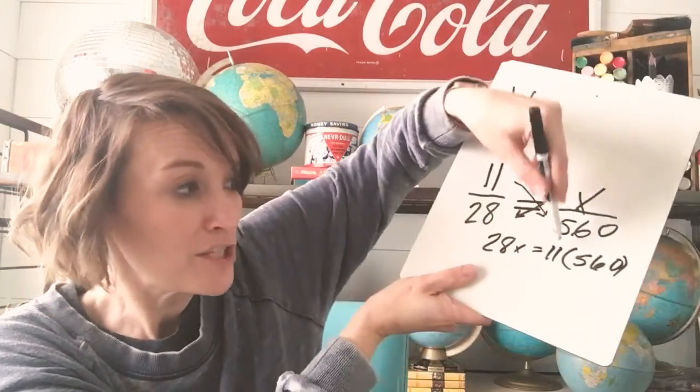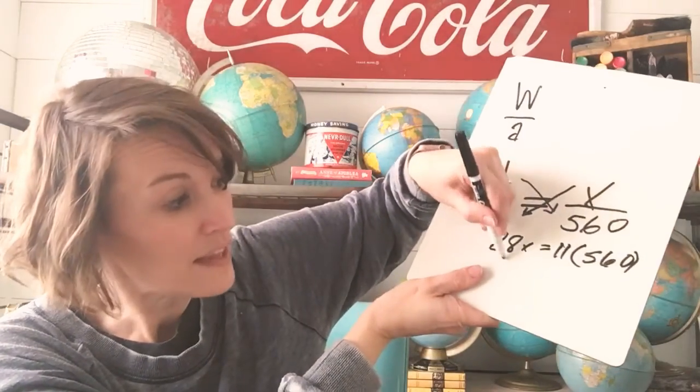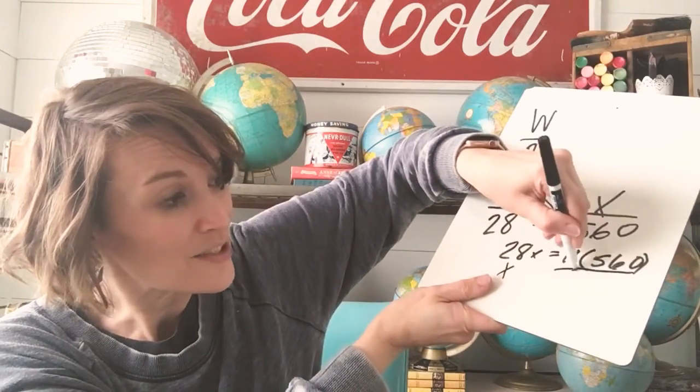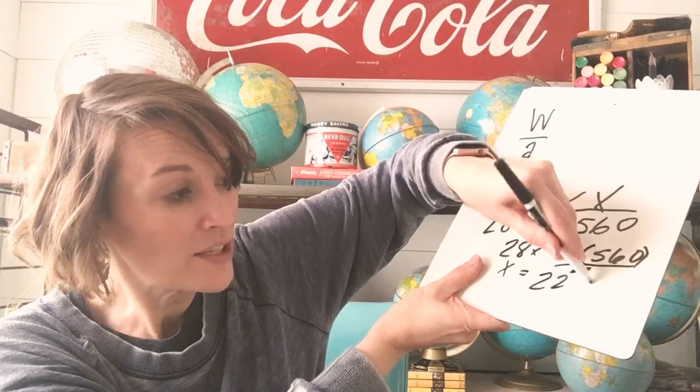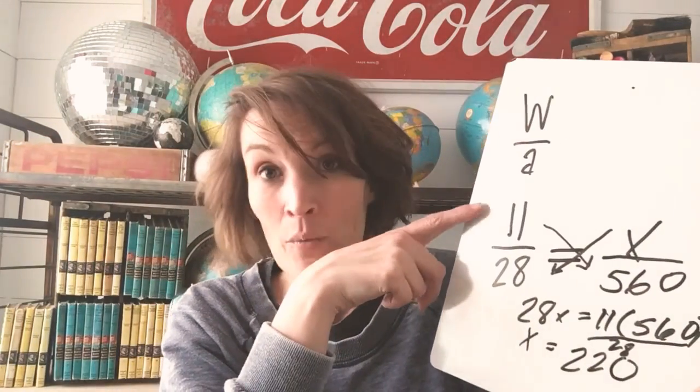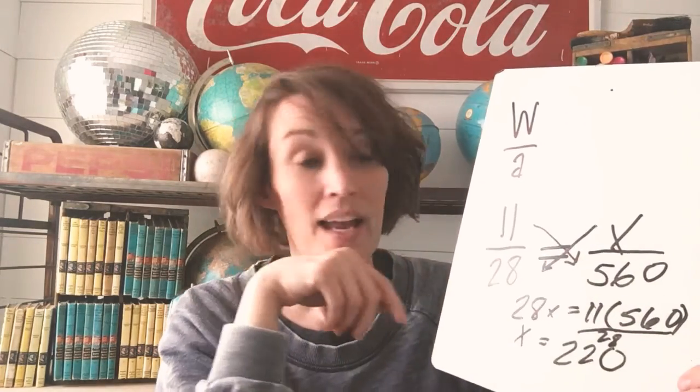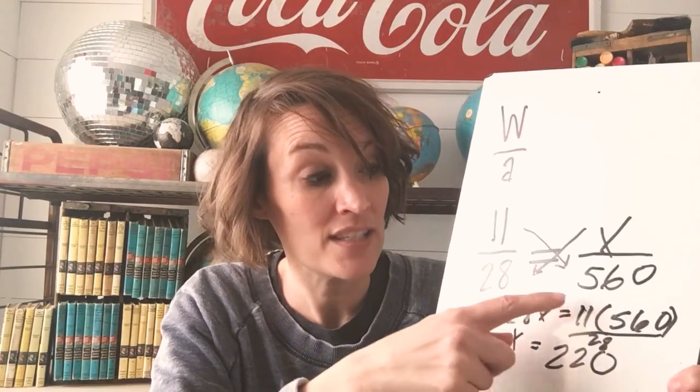So what you would do is multiply these two together, and then divide that answer by 28, and you end up getting x equals 220. So knowing what happened in this small little piece, we can make a prediction for what would happen over the whole school. And the prediction is that out of the 560 students, 220 would bring a picture of a theme park.